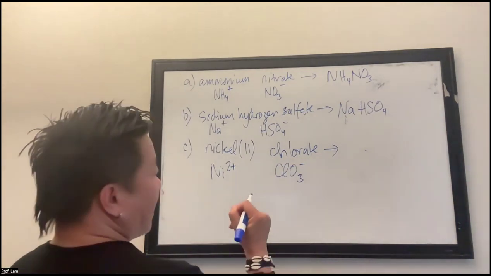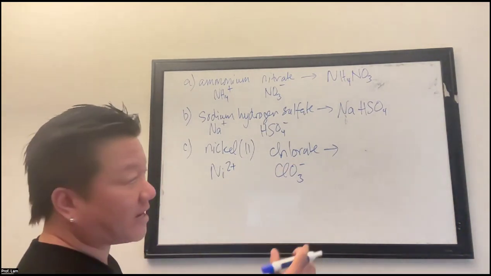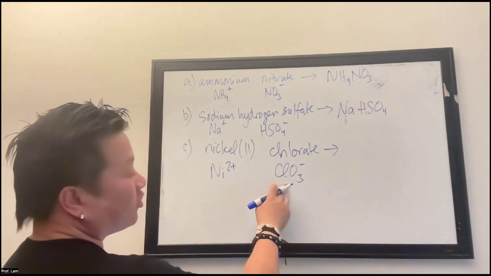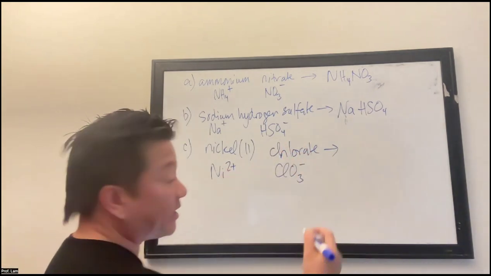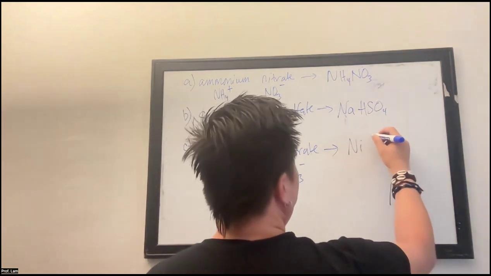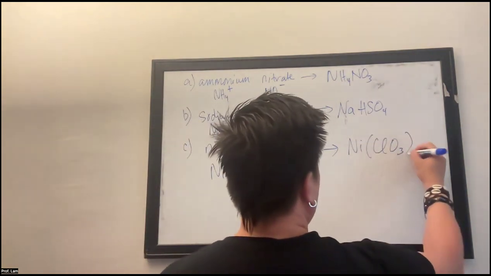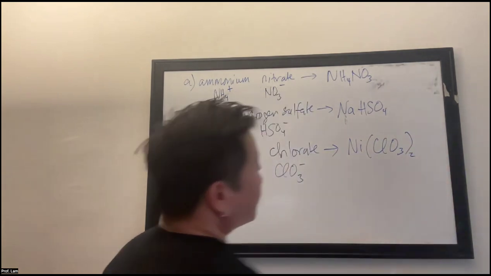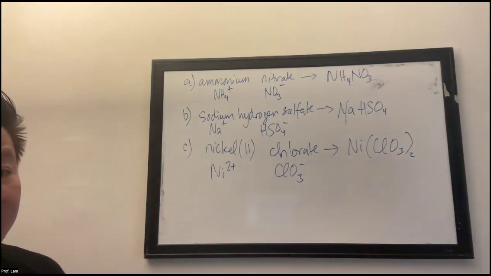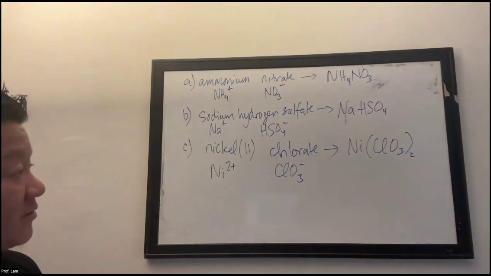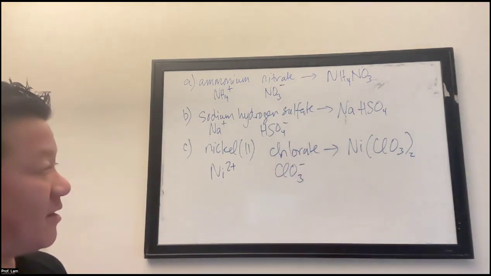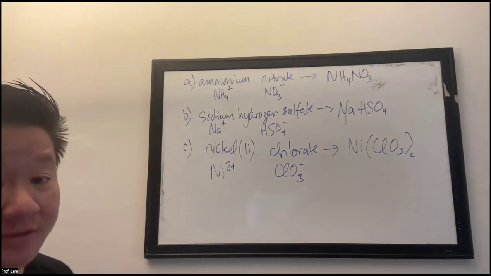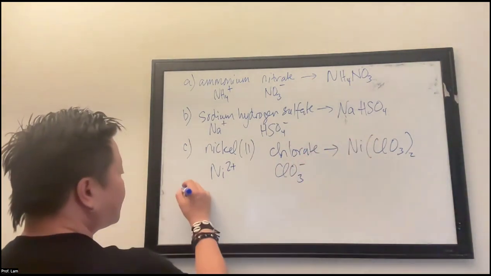So how am I going to put this together so that it's neutral? Well, the chlorate, it's only 1 minus, nickel is 2 plus. So you're going to need 2 of the chlorates. So you're going to go Ni(ClO3) subscript 2, right? Ni(ClO3) subscript 2, because you need 2 chlorates in order to balance out the nickel, which is 2 plus, okay? So don't forget your parentheses.